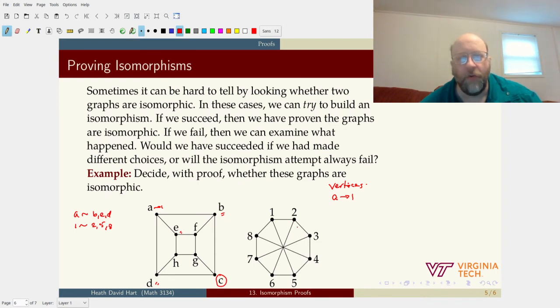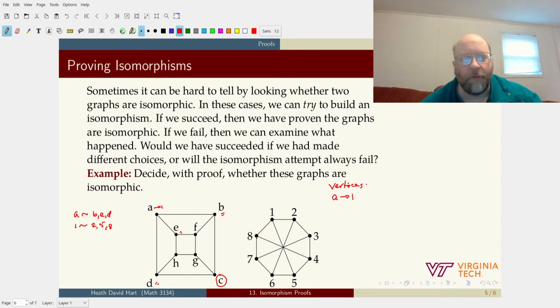So 2 and 5 both connect to 6. So if B and D were 2 and 5, they would connect to 6, and 6 could be C. 2 and 8 both connect to 1.